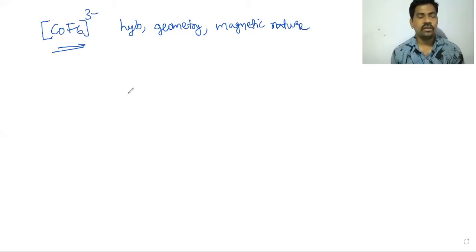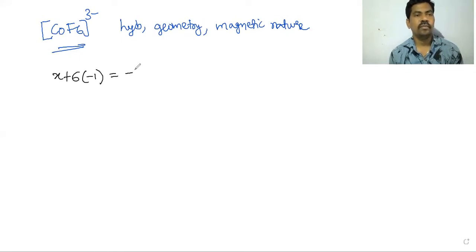Here cobalt is in +3 oxidation state: X plus 6, each fluoride ion contributes -1 charge, is equal to -3. So X minus 6 is equal to -3, X is equal to -3 plus 6, so X is +3. Cobalt is in +3 oxidation state in this complex.